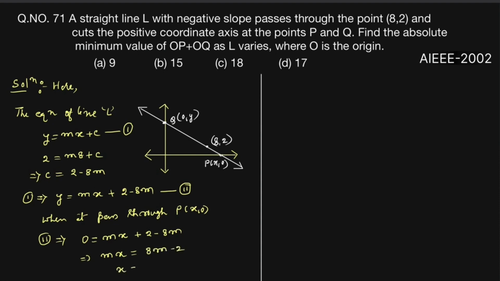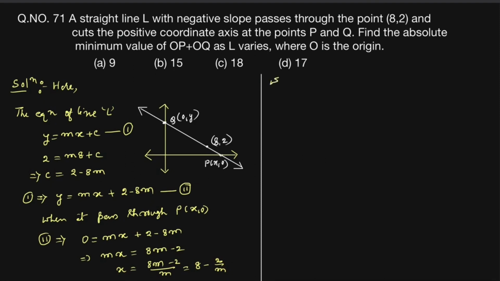Therefore, x equals (8m minus 2) by m, which is equal to 8 minus 2 by m. Therefore, x equals 8 minus 2 by m.